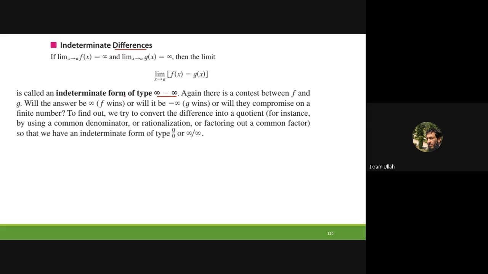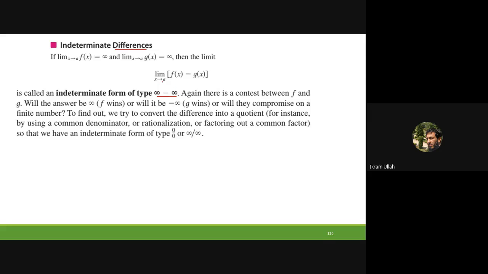To find out, we try to convert the difference into a quotient, for instance by using a common denominator, rationalization, or factoring out a common factor, so that we have an indeterminate form of type 0 by 0 or infinity by infinity.